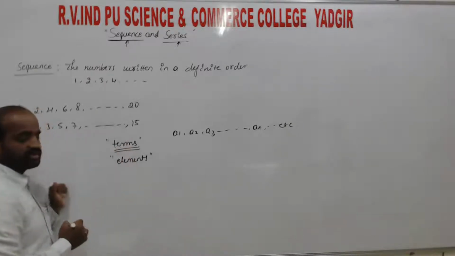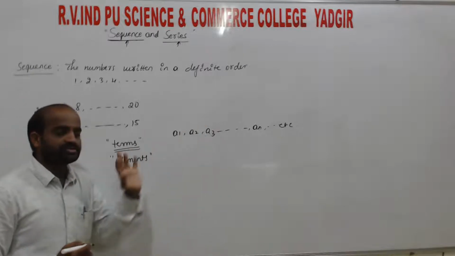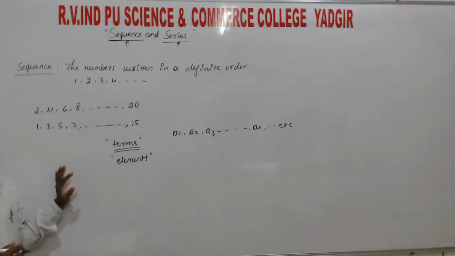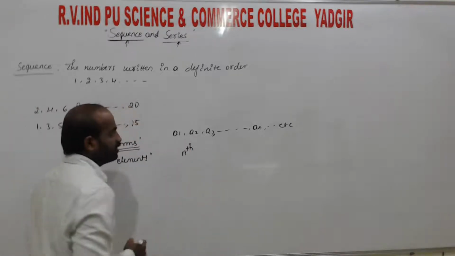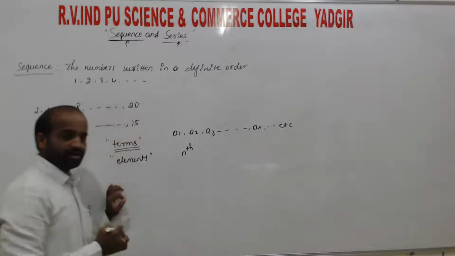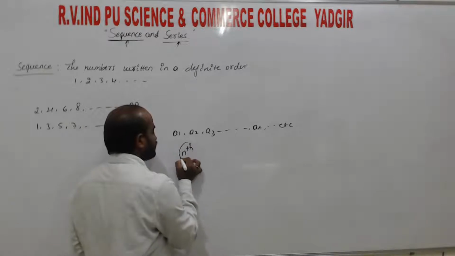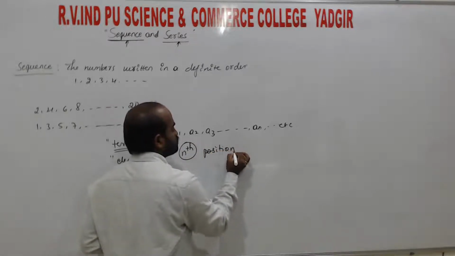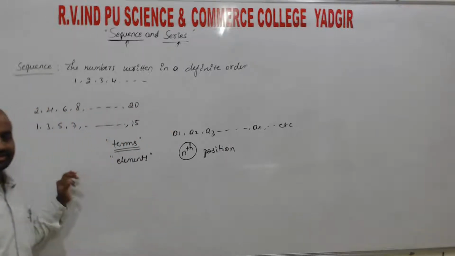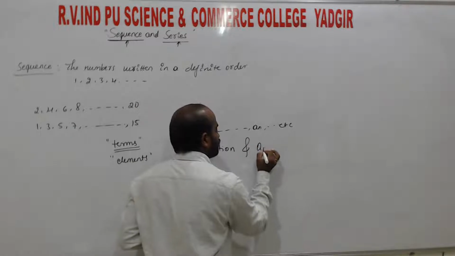The terms of a sequence are denoted by A1, A2, A3, and so on, An, etc. The nth term is the number at the nth position of the sequence, and is denoted by An.